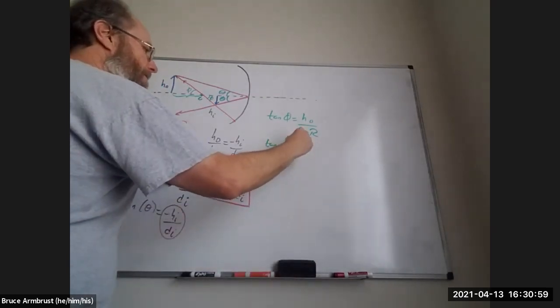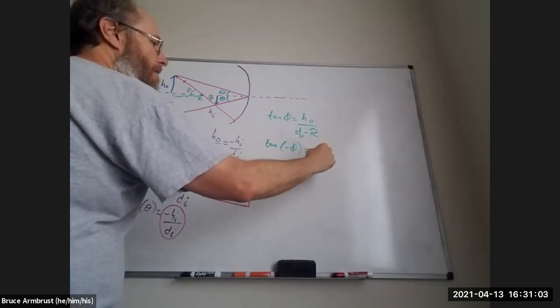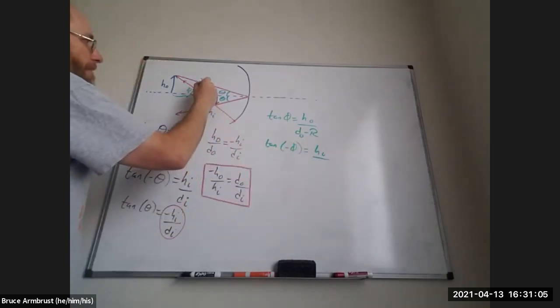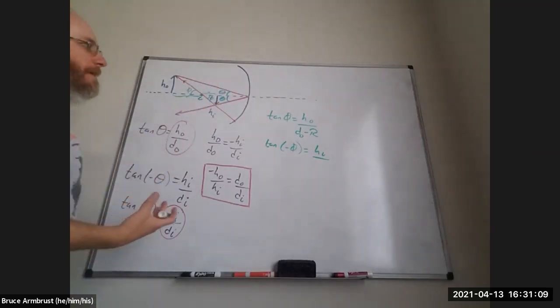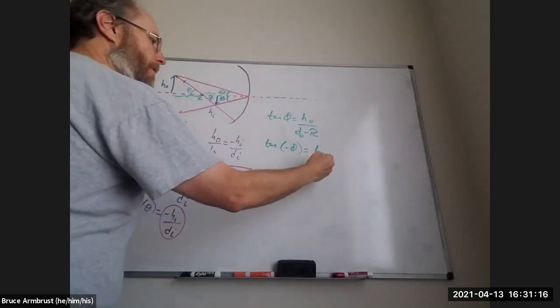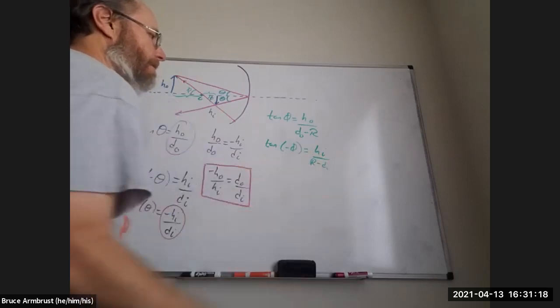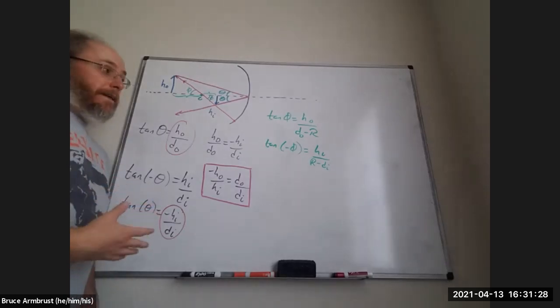And if we look at this one, the opposite side is HI. But now I need this length. And if I'm going to get that one, I have to subtract off the image distance from the radius. So this is R minus DI. So we're going to do exactly the same trick.